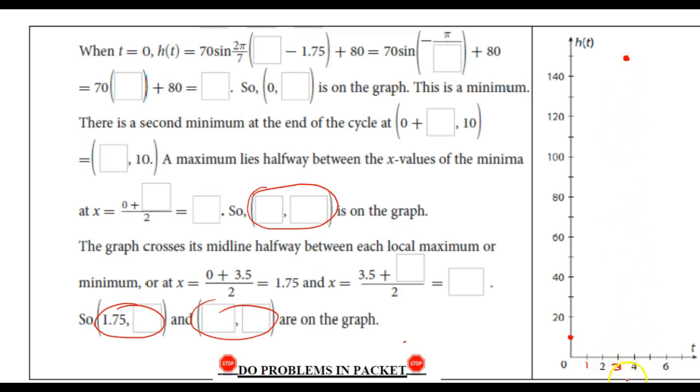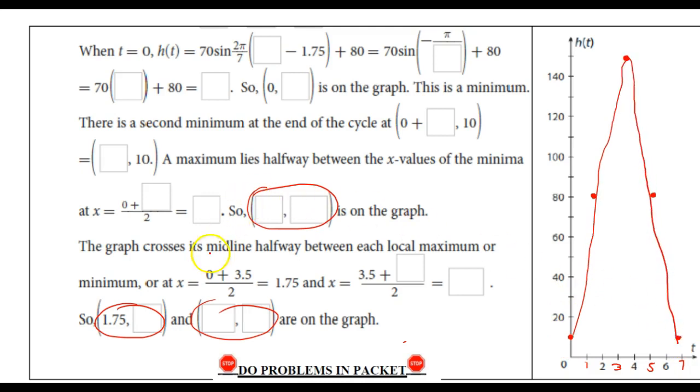Our other 2 points were about 1.75 to 80. About 5.25, 80. And then about 7, 10. So it goes up and back down.